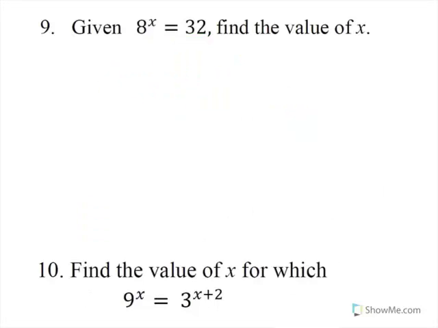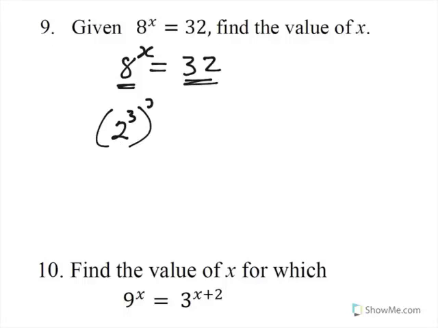And the next one, again pause and come back to it. 8 to the power of x equals 32. We need to change the 8 and the 32 to the same base. And the obvious one is 2. So 2 to the power of 3 instead of the 8, raise it to the power of x, and 32 is 2 to the power of 5.